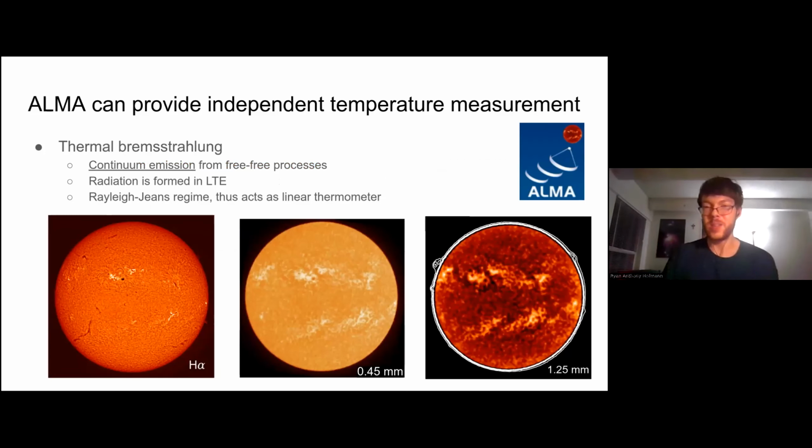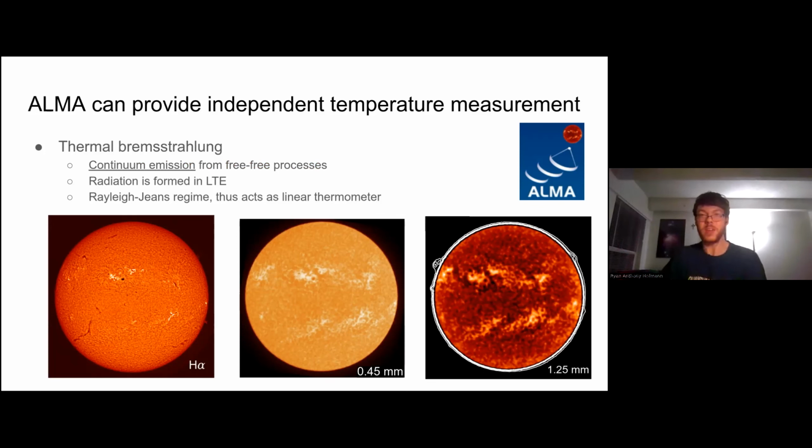So ALMA turns out to be really useful for addressing some of these issues, because in the solar chromosphere, this millimeter wavelength radiation is mostly formed from free-free interactions, thermal bremsstrahlung.